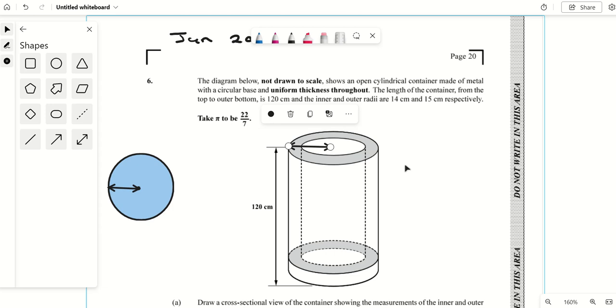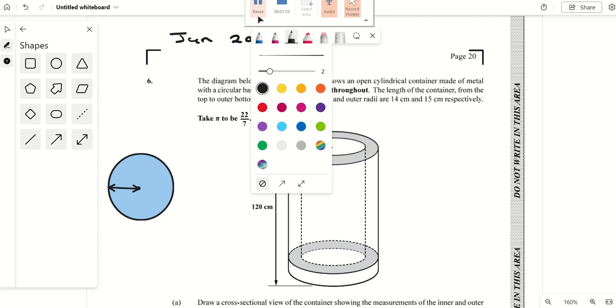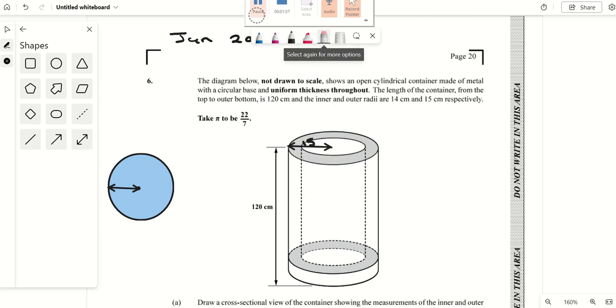Right, so the outer would be 15 centimeters. From the outside circle to the center of the circle is 15 centimeters. Let's make this a little bit smaller so we can see. This is 15 centimeters.